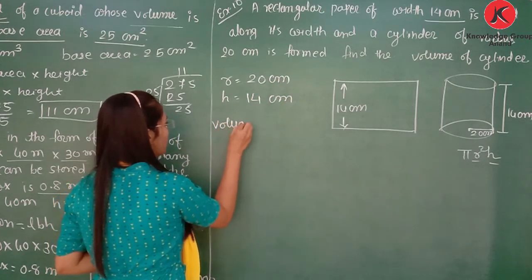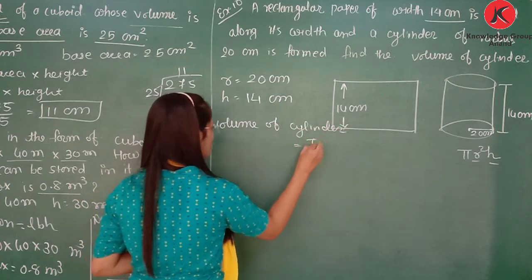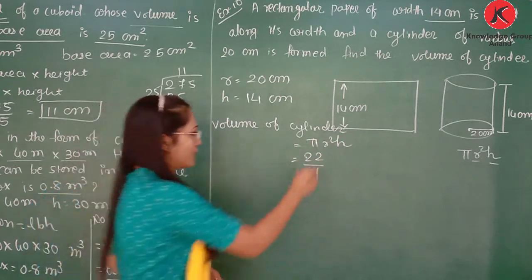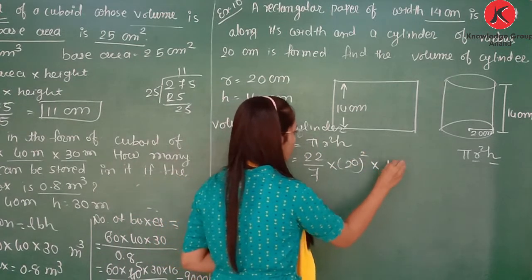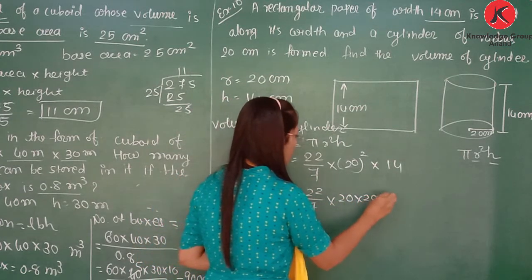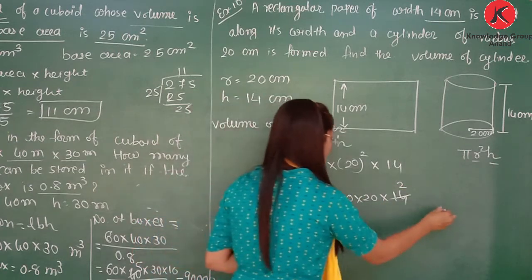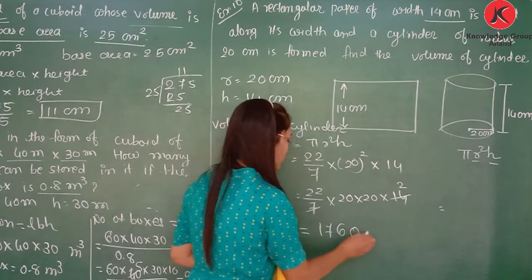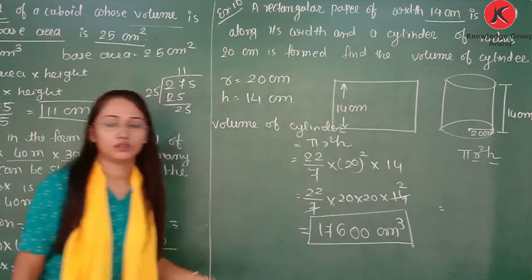Now volume of cylinder, that is pi r square h. Pi you can take as 22 by 7. R square means 20 square and height is 14. 22 by 7 multiply 20 multiply 20 and 14. So multiply 22 with 8, so it is centimeter cube. So that is the volume of the cylinder.